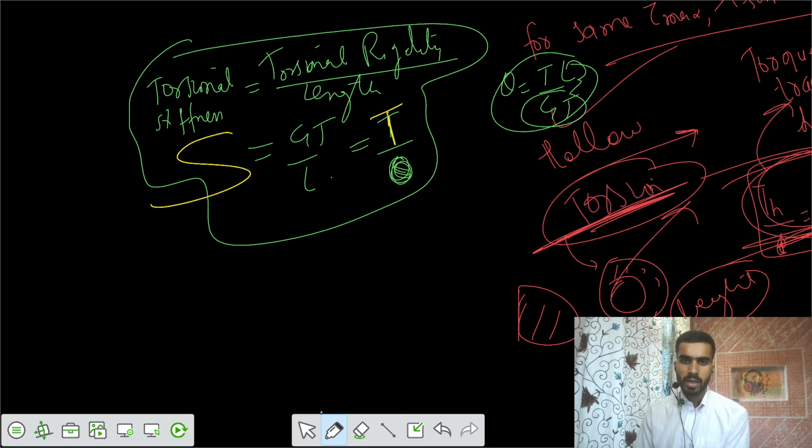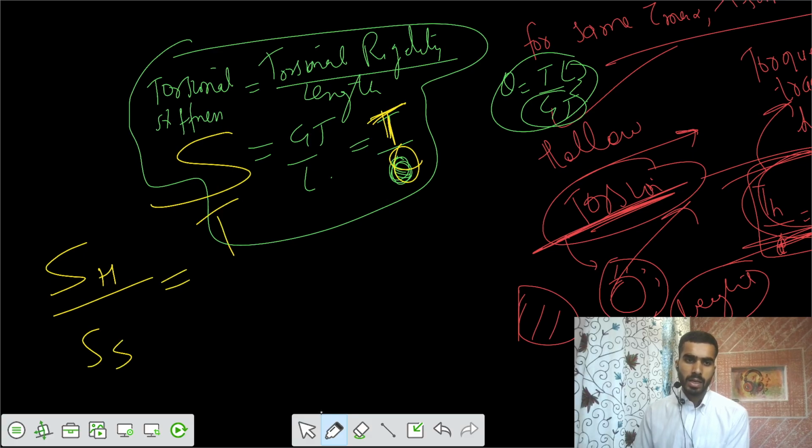The stiffness is T by theta, and we already got that. If I write the stiffness of hollow by stiffness of solid, that is T of hollow by theta of hollow, and T of solid by theta of solid.